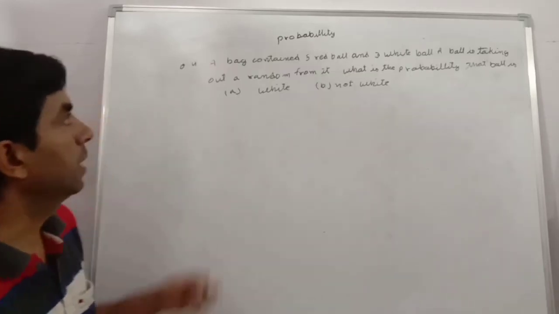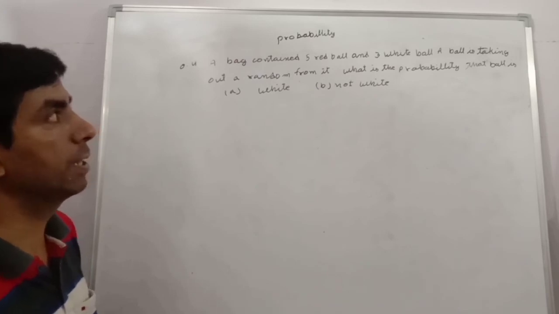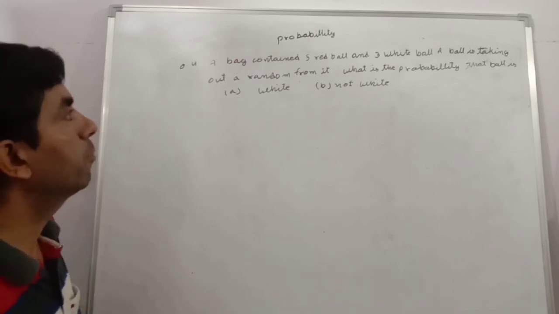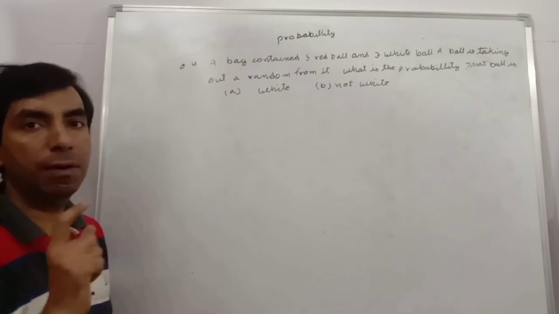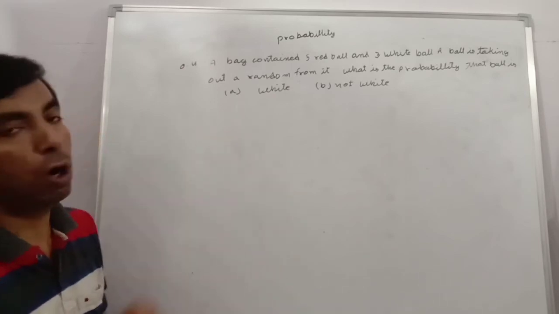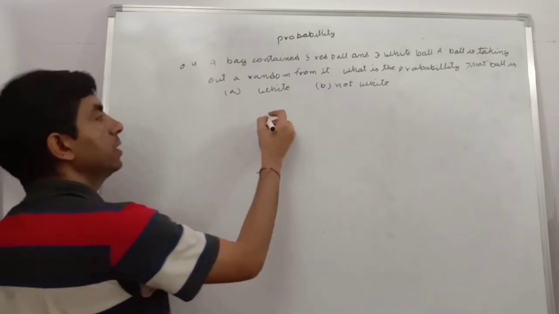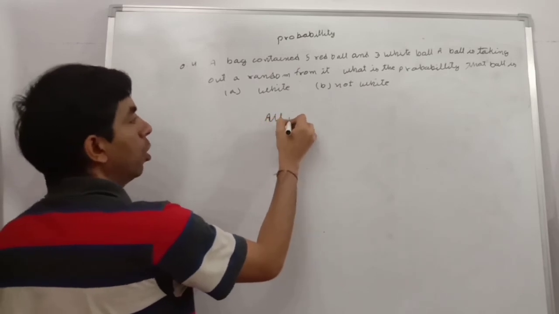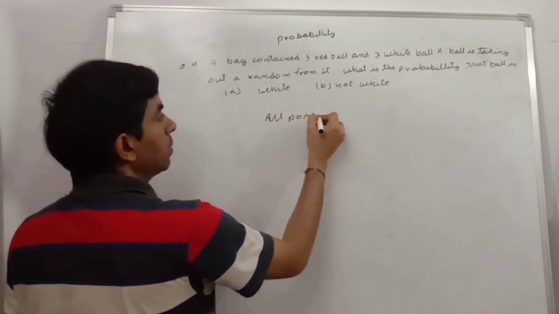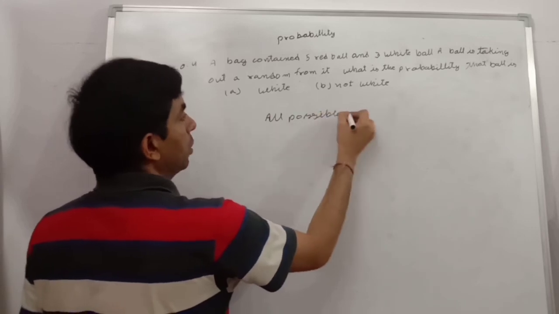Here we are given a bag containing 5 red balls and 3 white balls. We have to find the probability that if we take one ball randomly, it is white or not white. First we always write all possible outcomes.